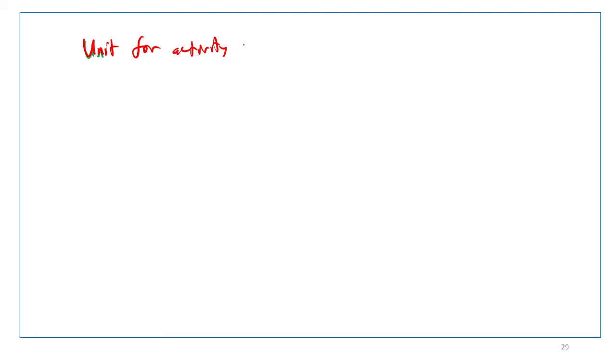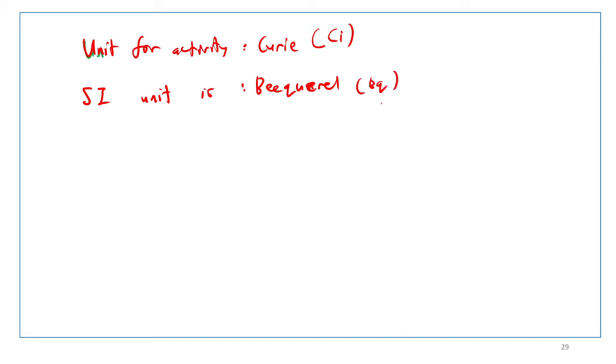The old one is Curie, the symbol is Ci. The SI unit is becquerel, the symbol is Bq.